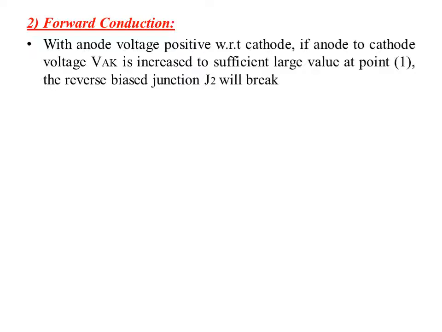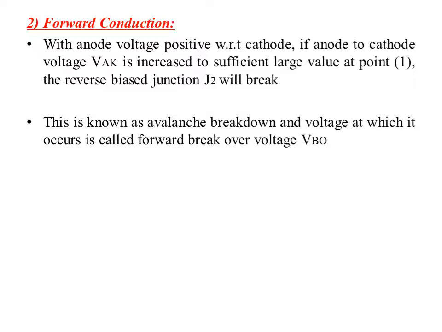Second, forward conduction. When anode voltage is positive with respect to cathode, if anode to cathode voltage, that is VAK, is increased to a sufficiently large value at point 1 shown in the VI characteristic, then the junction J2, which was reverse biased earlier, will break down.